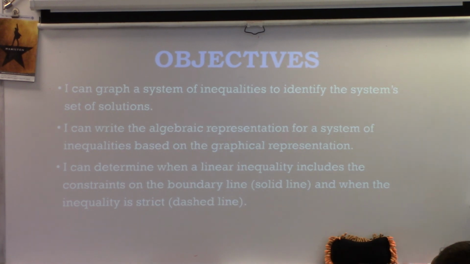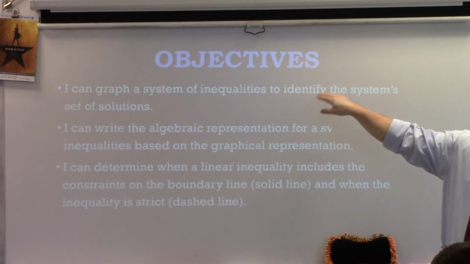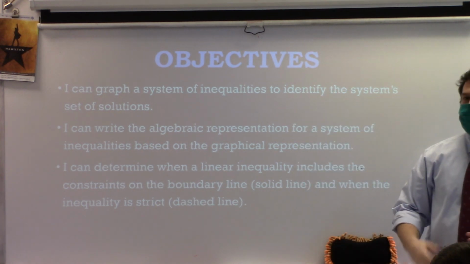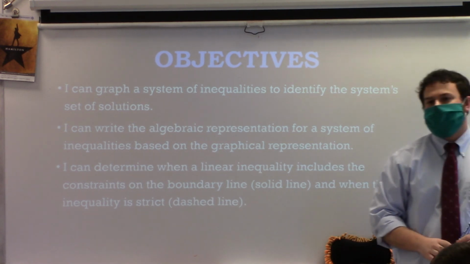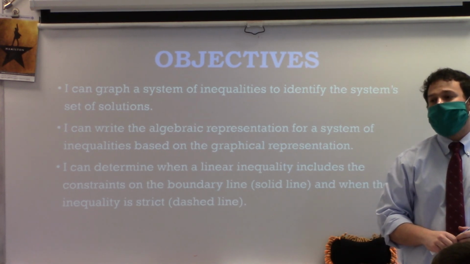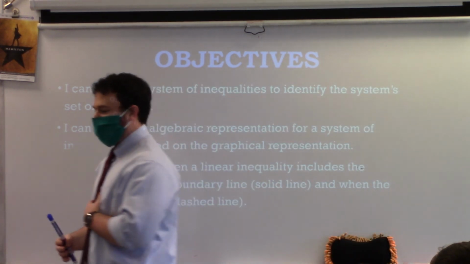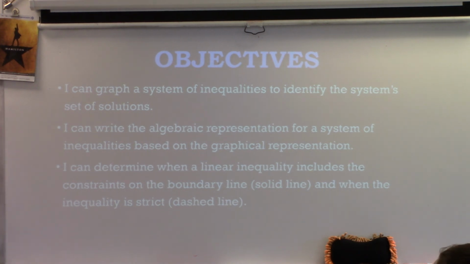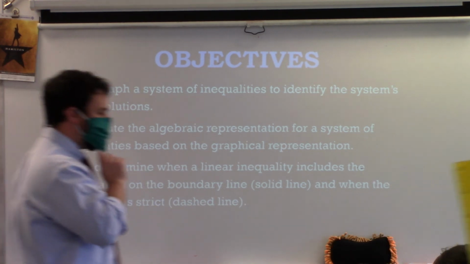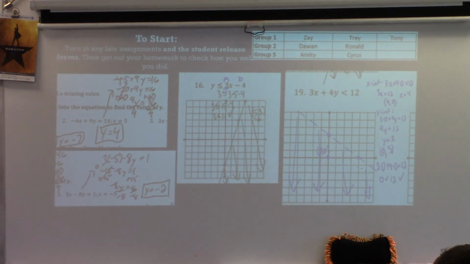So, Layla, let me ask you this, just in general. If we're going to graph a system of inequalities and identify the set of solutions, how do we do that? What does that mean? Looking at the boundary line. Okay, I would agree a boundary line is a huge part of it. We got to start by getting those boundary lines, but what else do we need? Is a boundary line all we need with an inequality? No, boundary line, say a half plane.